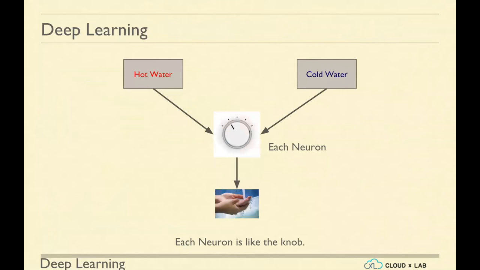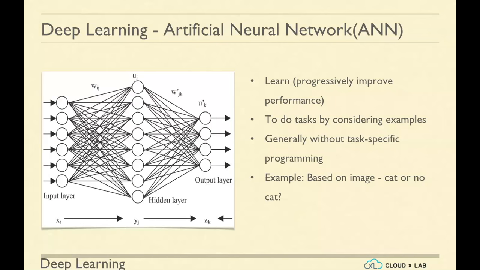Now, how does it work? All right. So the animal brain is made up of something called neurons, and neurons are connected to each other. Each neuron is a very simple unit. Each neuron gets signals from one end as an input, and it gives out a signal as output.